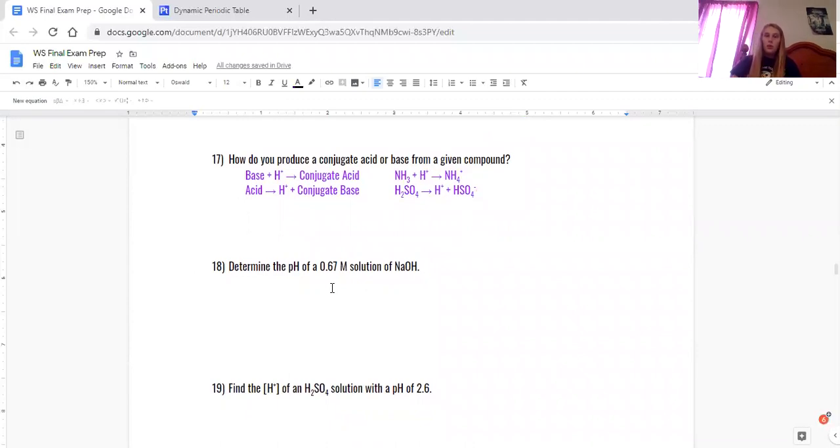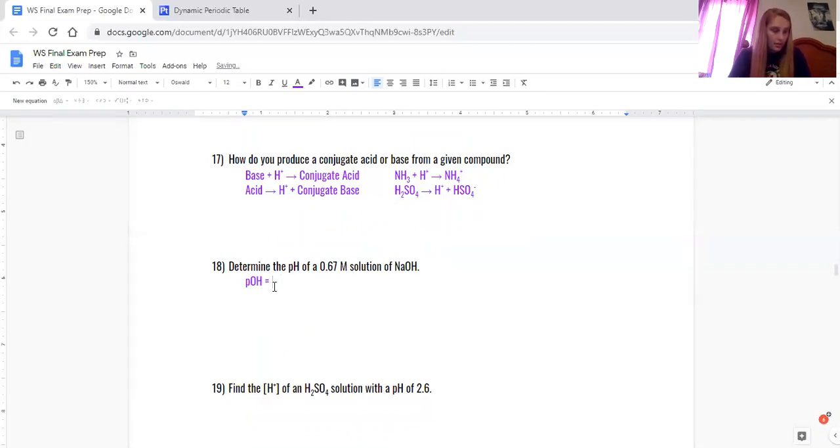Determine the pH of a 0.67 molar solution of NaOH. So to do that, we're going to have to first look at this here. We have the concentration of OH minus because it's a strong base, so it's going to completely separate out into Na plus and OH minus. So we can use that to find our pOH.